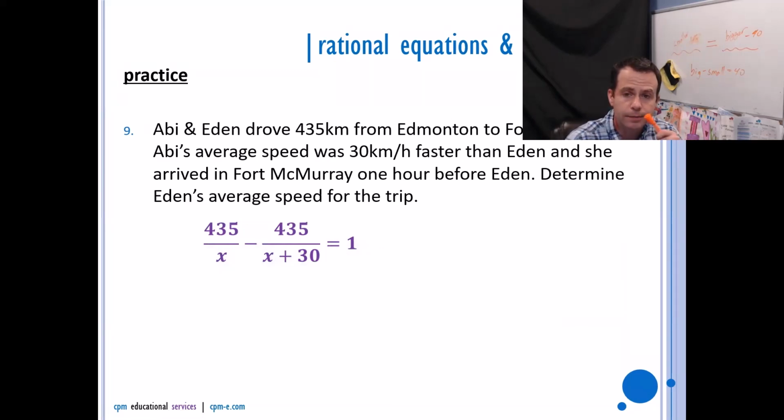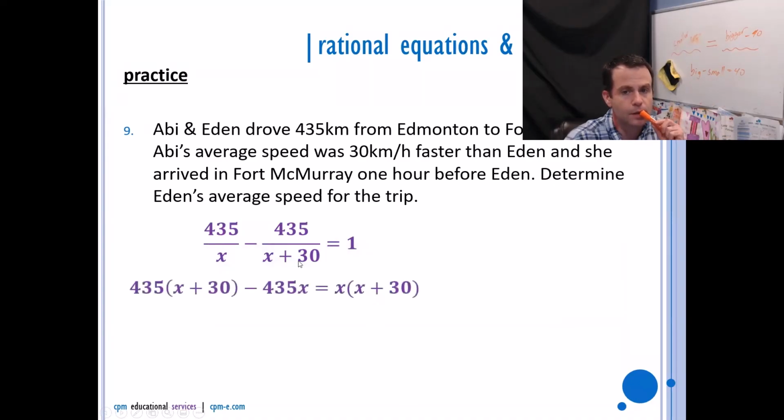Now I'm going to solve. So my common denominator is x times x plus 30. So when I multiply this guy by x times x plus 30, my x's divide each other out, and I'm left with 435 times x plus 30. When I multiply this guy by x times x plus 30, my x plus 30s divide out, and I'm left with 435x. And then nothing divided out here, so I'm left with x times x plus 30.